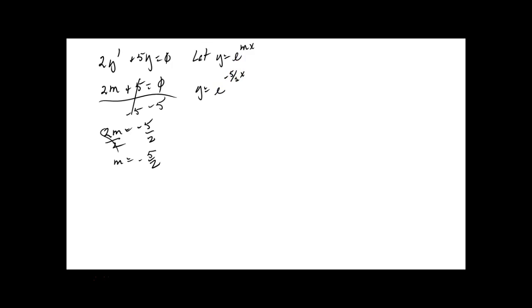Okay? There is a solution, and you put a C1 in front of it, and that's your only solution. I mean, that's your general solution. And that's good from minus infinity to infinity. There's no limit on what your x can be. E is good everywhere. Okay?